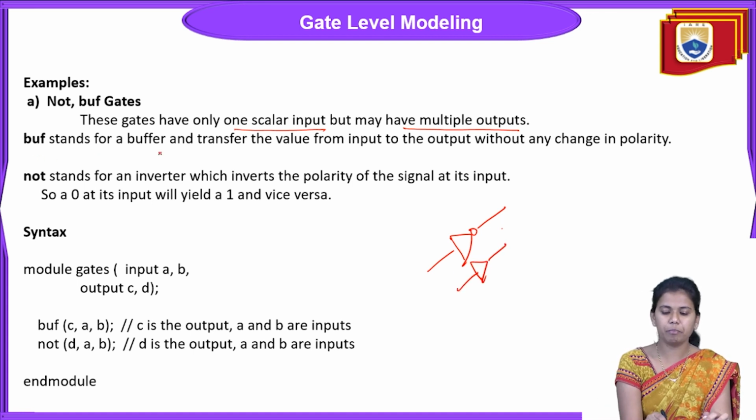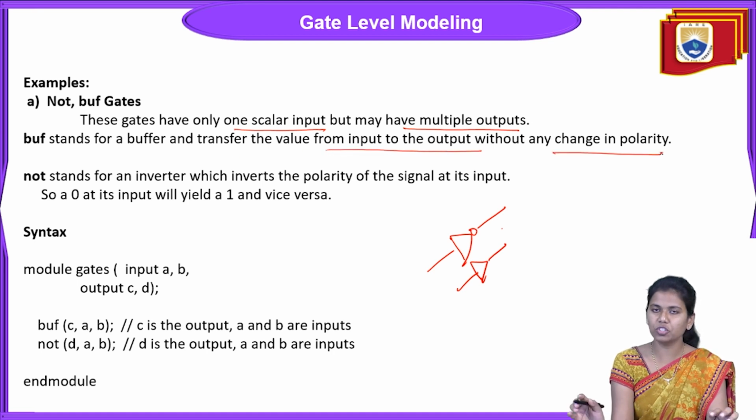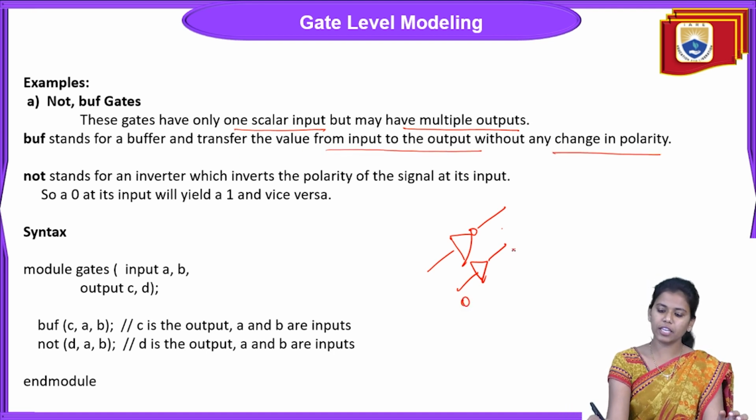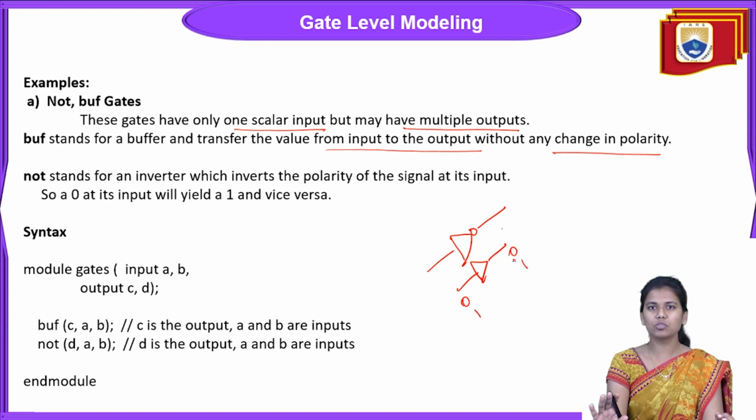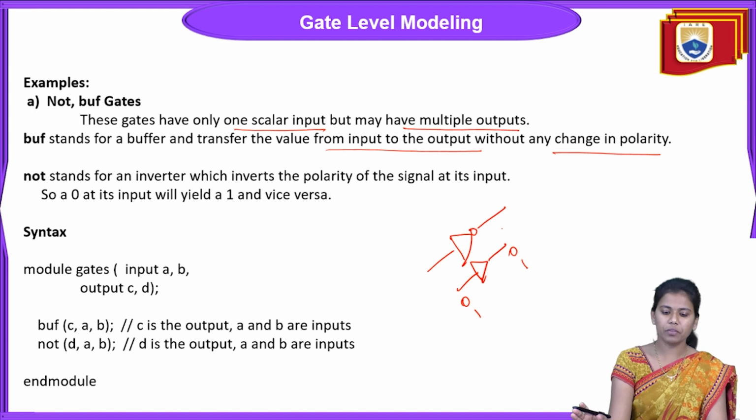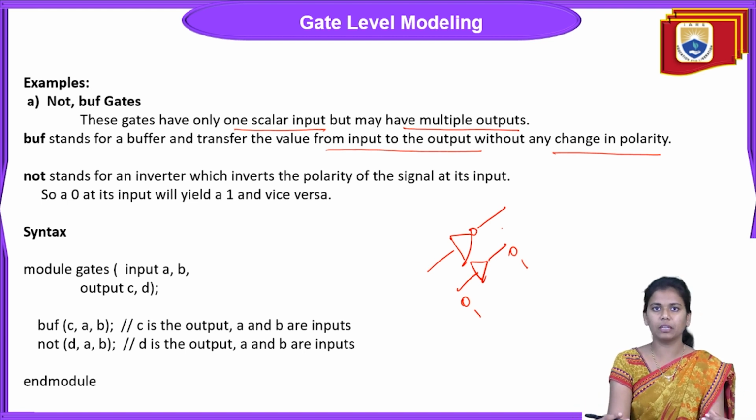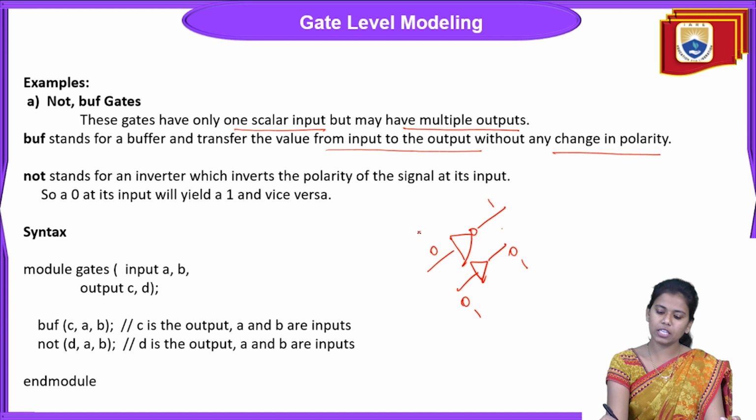So buf stands for buffer and transfers the value from input to output without any change in polarity. So if it is 0, obviously it is 0. If it is 1, 1. So there is no change of polarity. Whatever input is given to the particular gate, the output you observe is the same. Whereas with the NOT gate, if the input is 0, the output is observed as 1. If it is 1, the output is observed as 0.